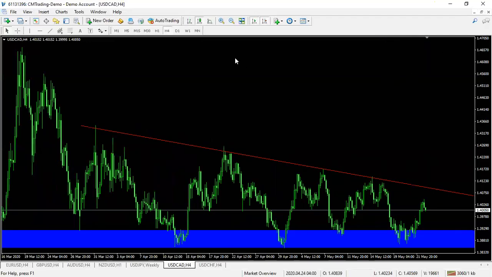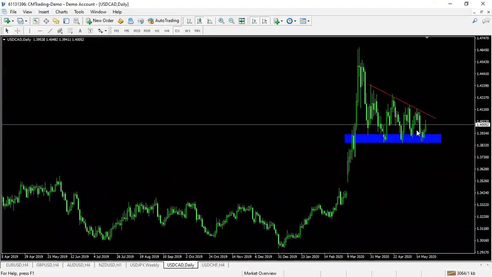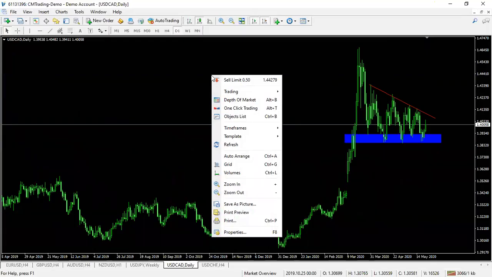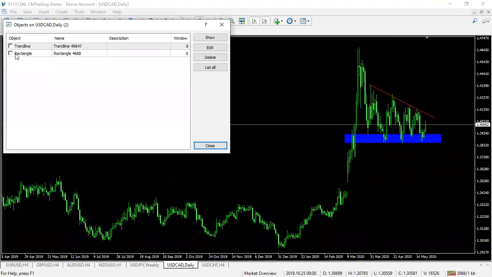Then ukitaka kudelete your supply na demand zone because inaweza kata ukidouble click immediately, what you do, right click on your chart, then objects list, then from the rectangle you select. Okay, so you can see una select this right hapa mwisho. Okay, then close.